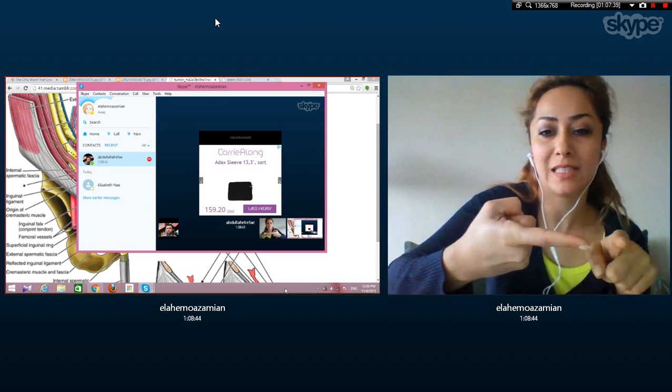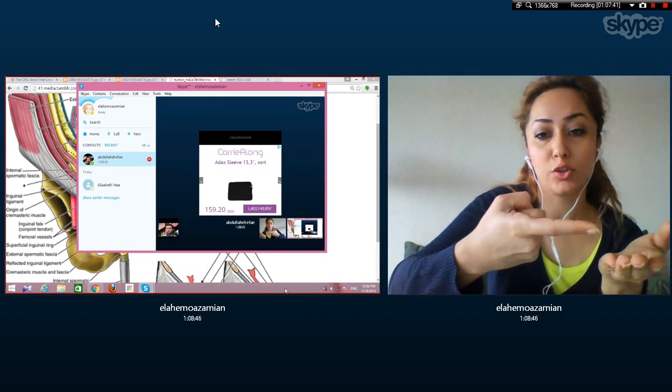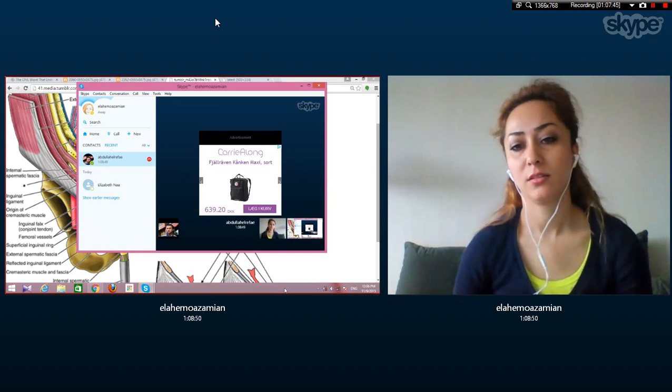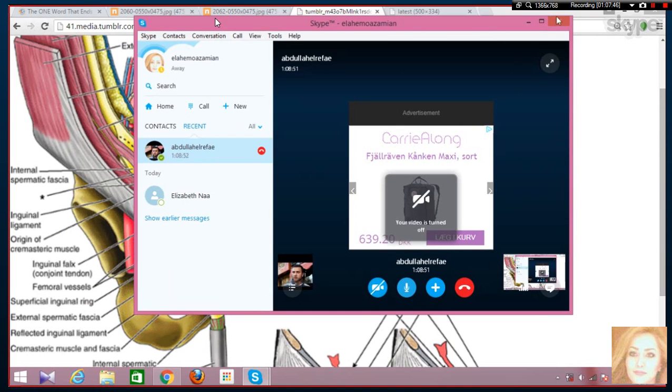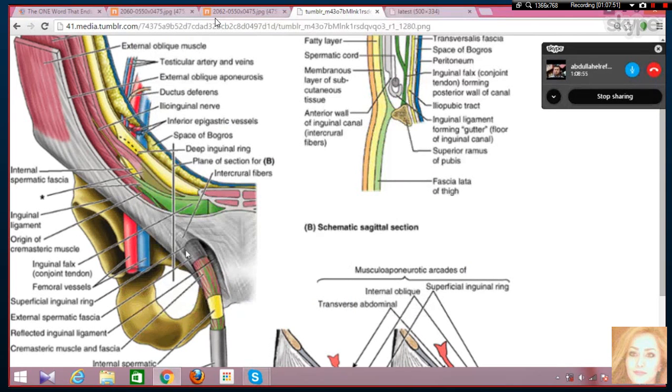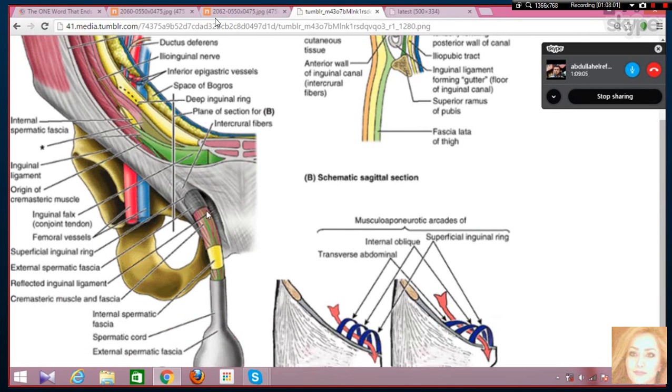It comes inferiorly, superficially, and medially. Clear? So we have a canal which is from here to here. It's superior, lateral, and deeper. It comes inferiorly, medially, and more superficial. Here the canal has one inlet, one outlet.